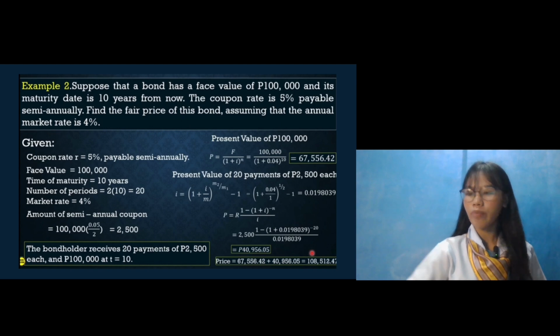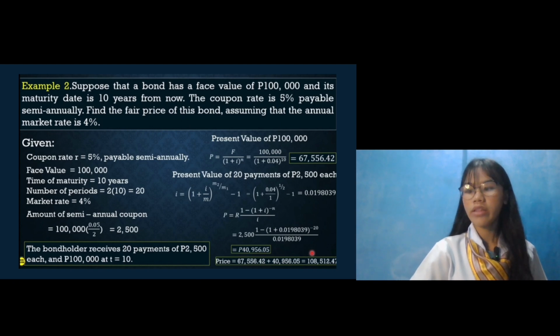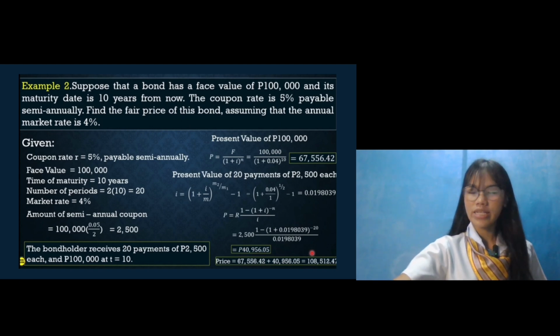So we'll be adding up the both of it. So the price will be 67,556.42, adding up to 40,956.05, and that will be equal to 108,512.47. So that would be the answer of our fair price.